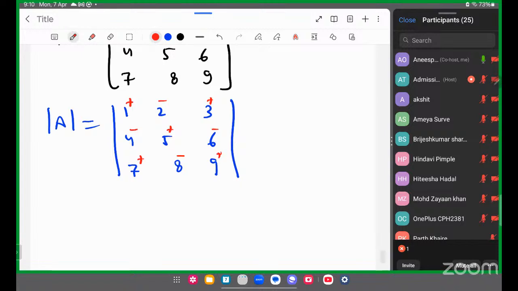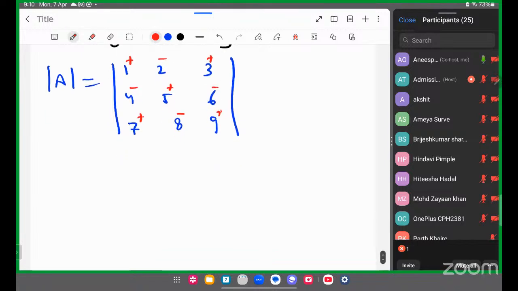Let's say we expand it using the first row. So determinant A will be 1 with first row and first column deleted. So we will have 5 into 9, that is 45, minus 8 into 6, 48.